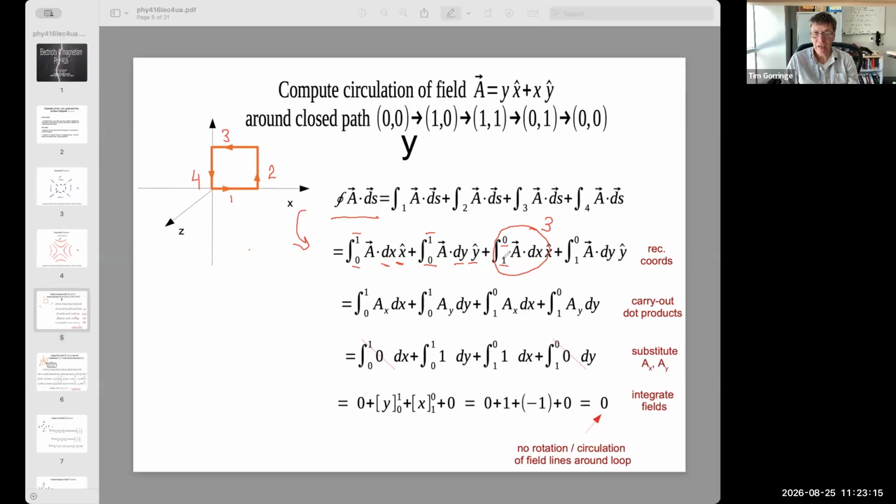I'm starting out at an x coordinate of 1 and ending up at an x coordinate of 0. And then there's the final step that gets me back to where I started, closing the loop. This again is a step in the vertical direction, but instead of walking upwards from 0 to 1, I'm now walking downwards from 1 to 0 here. So that's just expressing the steps in rectangular coordinates.